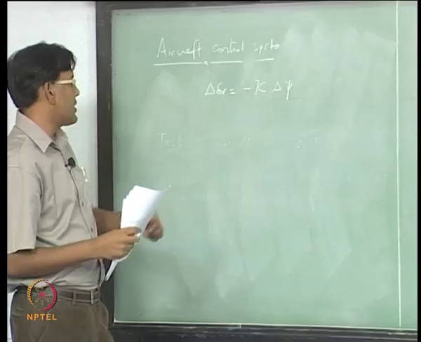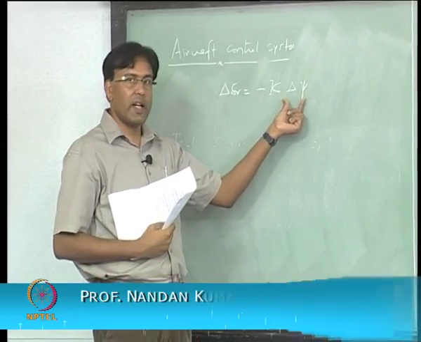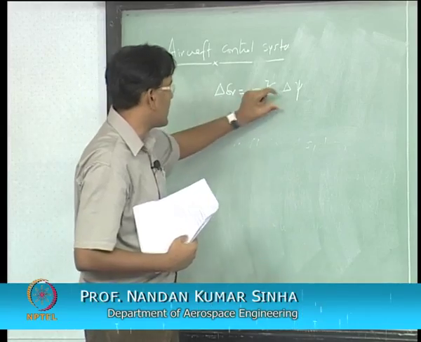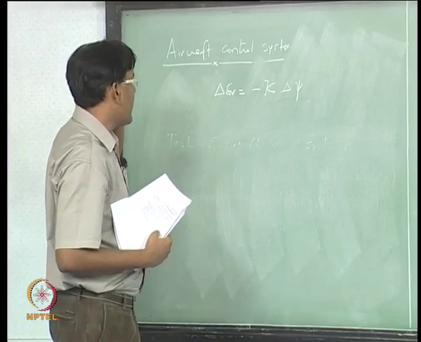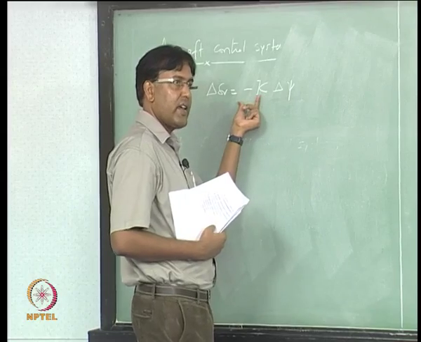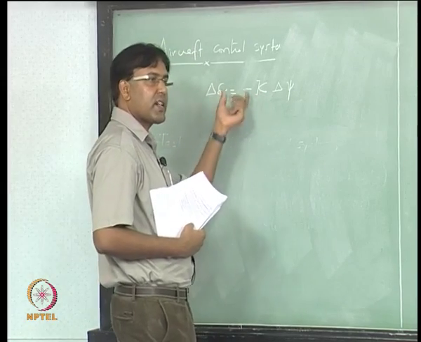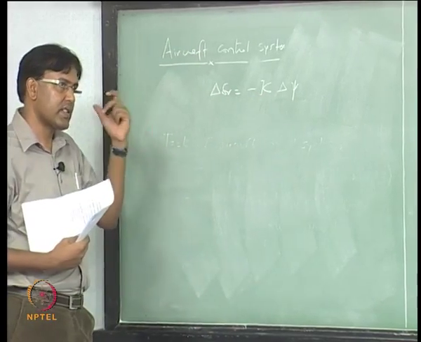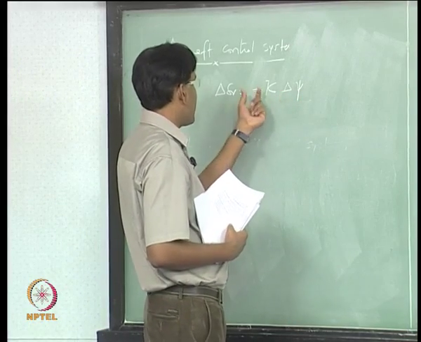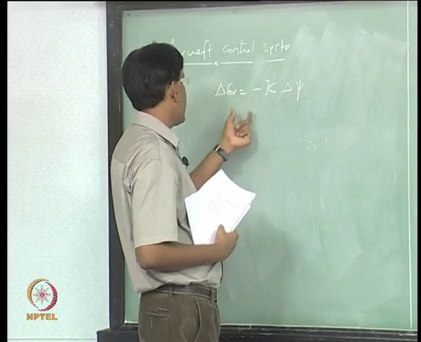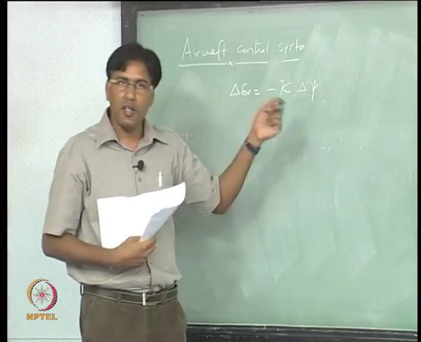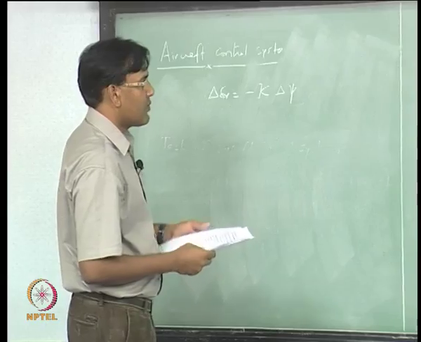So, what it does, it reads the delta psi from the equilibrium condition, multiplies it by this factor k. So, this factor k is actually sitting as controller. It reads this delta psi, multiplies it by this factor k, and deflects the rudder according to this formula.